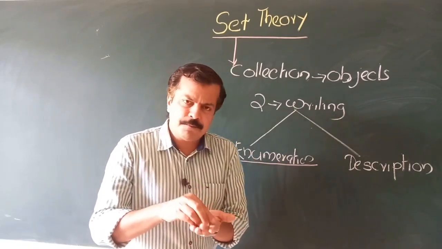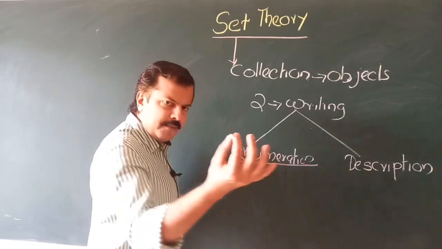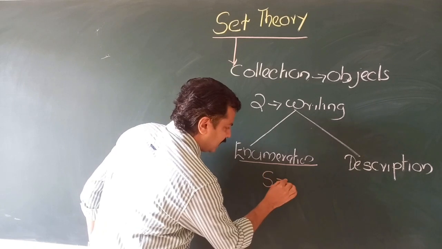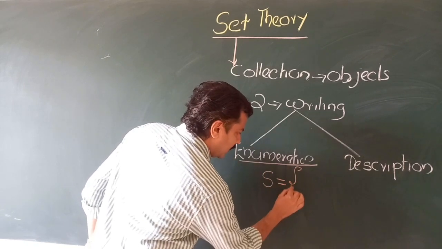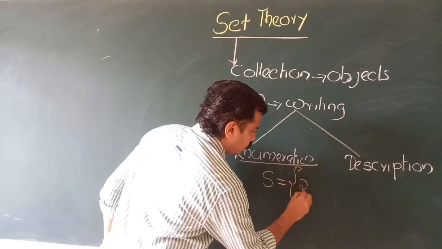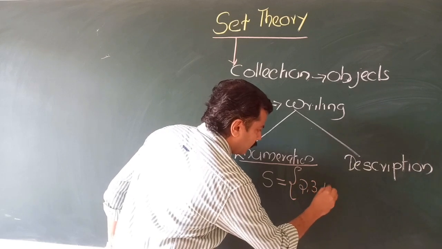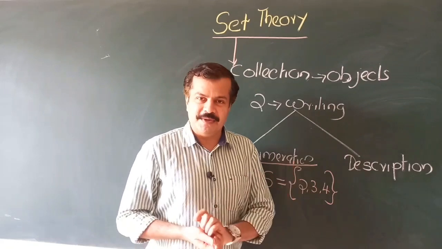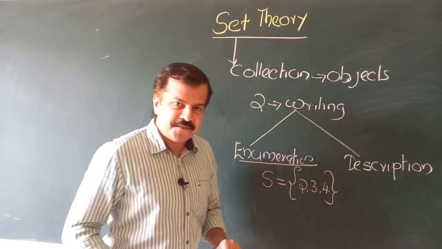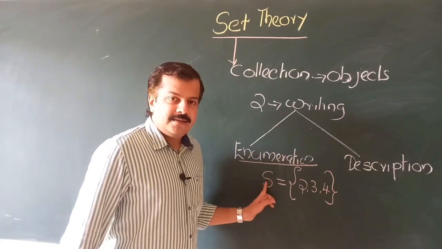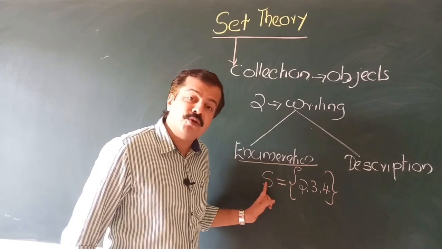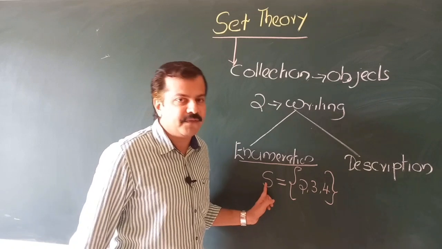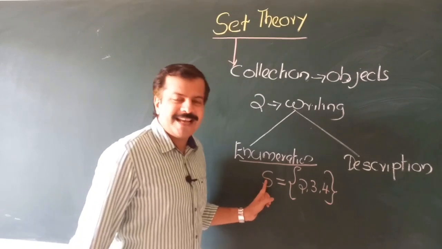Now let me put an example. For example, let me put a set like this: set S equals, in brackets, 2, 3, 4. This is the method of enumeration. See certain features here. One, the name of the set is usually presented as a capital letter of the English alphabet, and I put it S here.